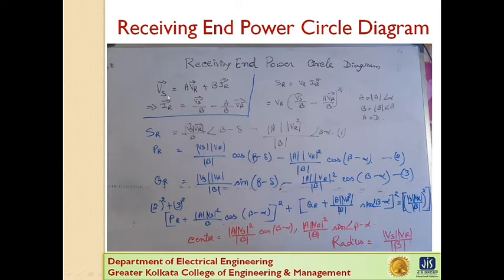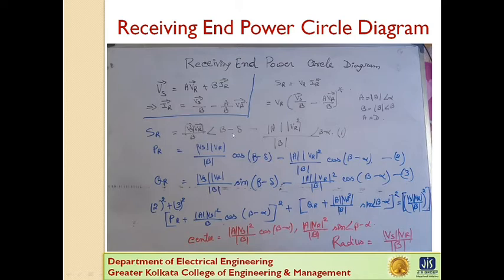Receiving end, so we again write the value of Vs and from here we get the value of IR is equal to Vs by B minus A by B into VR. Now SR is equals to VR into IR conjugate, so we put the value of IR and then we solve this: VR Vs by B angle beta minus delta.